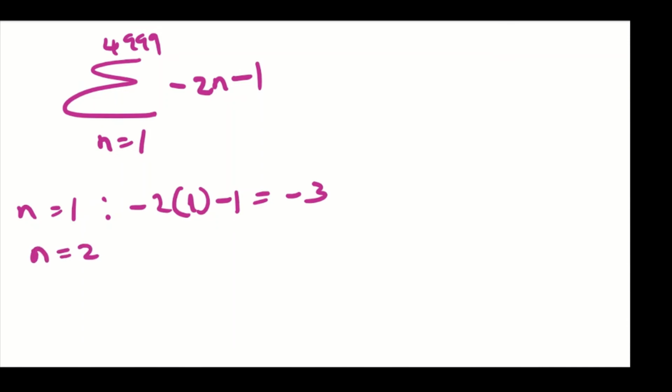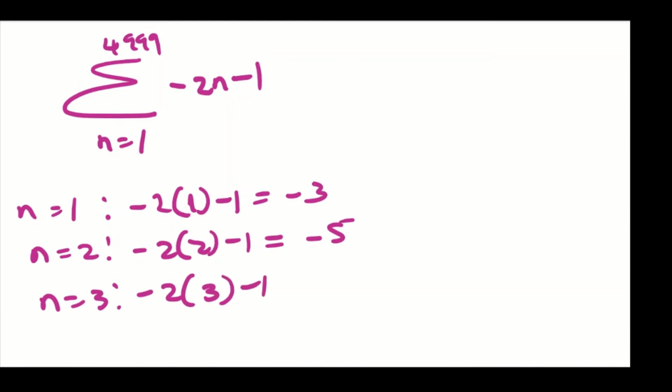When n is equal to 2, minus 2 times 2 minus 1, and another term is minus 5. When n is equal to 3, minus 2 times 3 minus 1, you're just going to get minus 7. So you have minus 3, minus 5, minus 7. These are the 3 terms of this sum here.